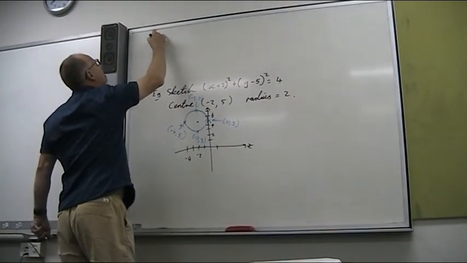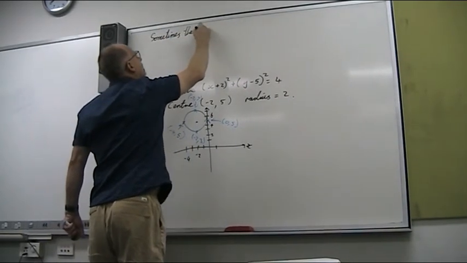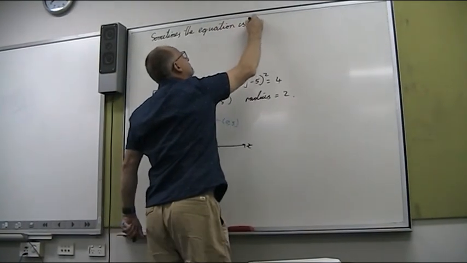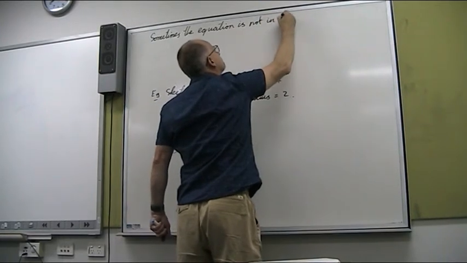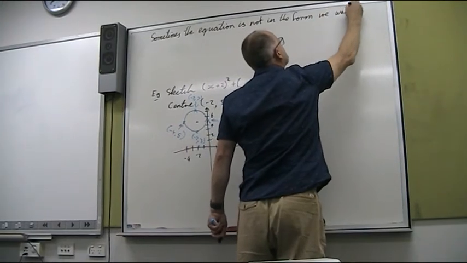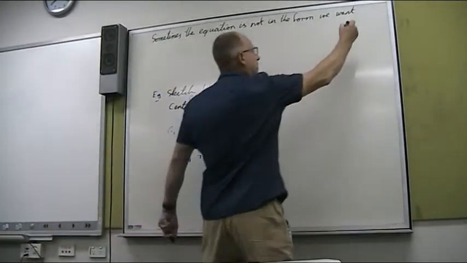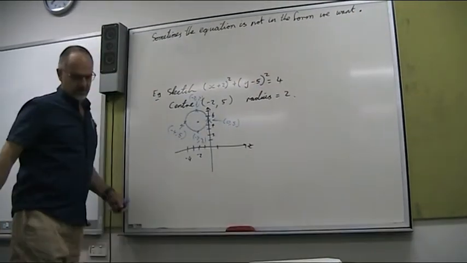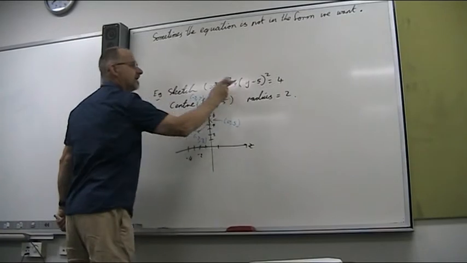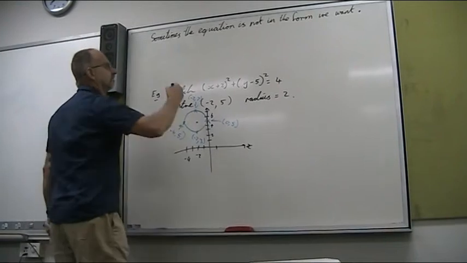So sometimes the equation is not in the form we want. And what we would do for circles, because these brackets are perfect squares, is complete the square to get some perfect squares.